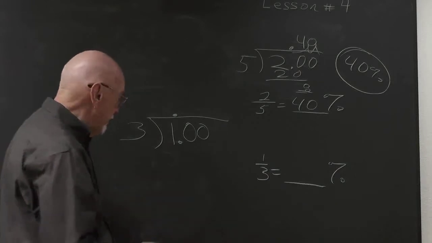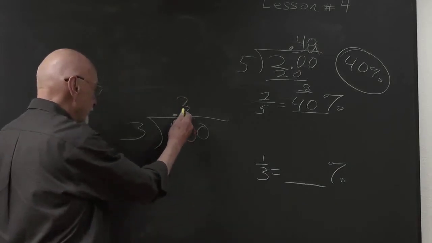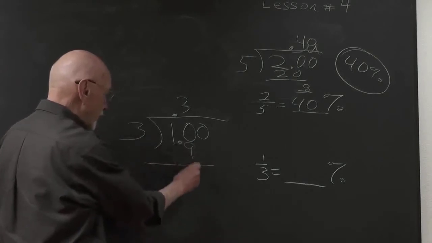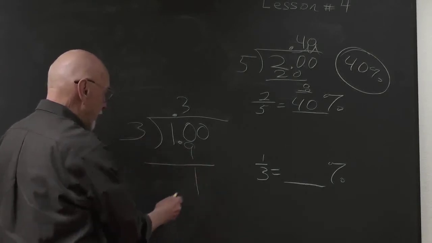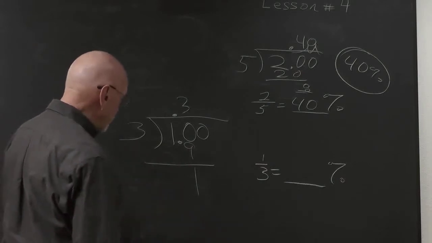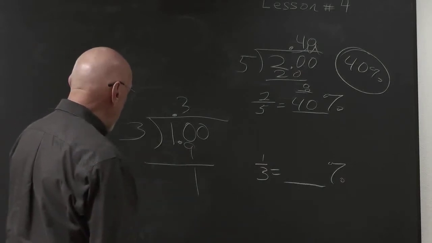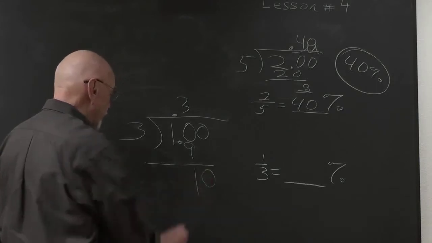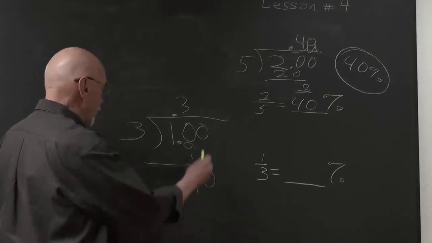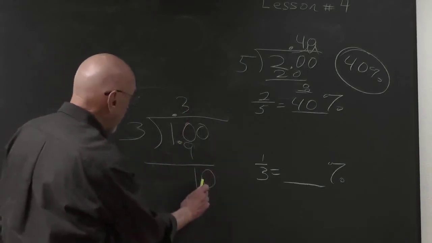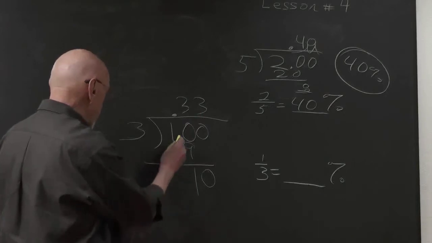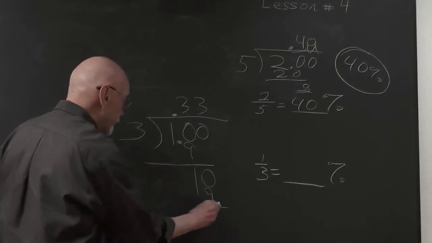And 3 into 10, 3. 3 times 3 is 9. 1. 3 into 1 won't go, so we have to bring down another 0. 3 into 10 will be 3. 3 times 3 will be 9.